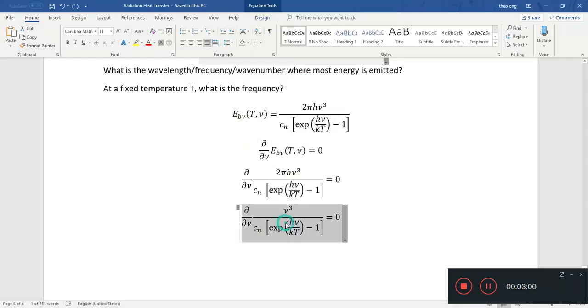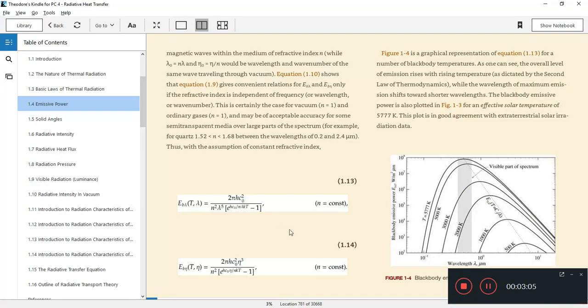The concept behind it is still the same, but let's follow it step by step. Firstly, they plug up the knowledge gap. They tell you what the E_b,lambda actually looks like, the emissive power using the wavelength.